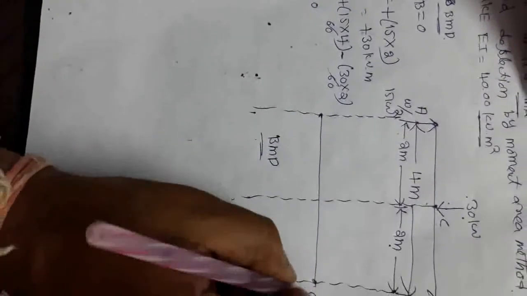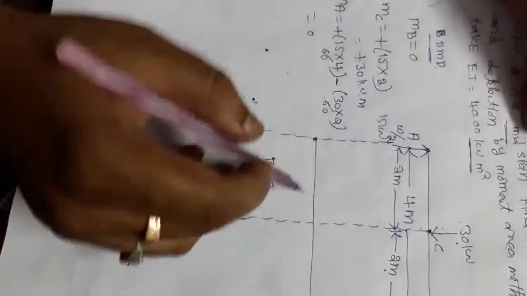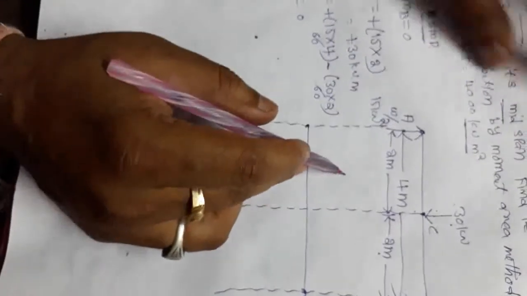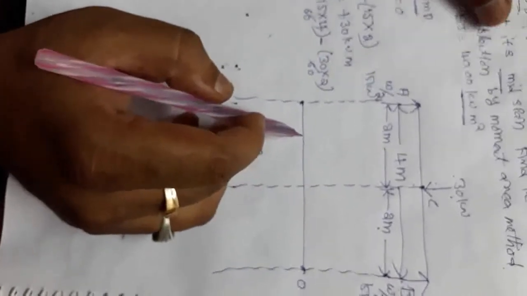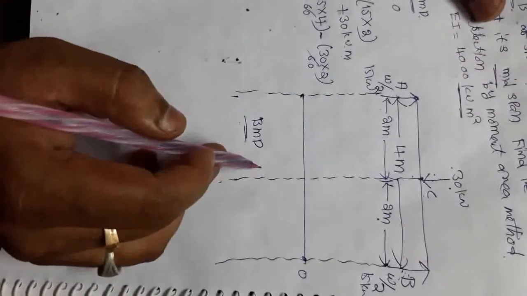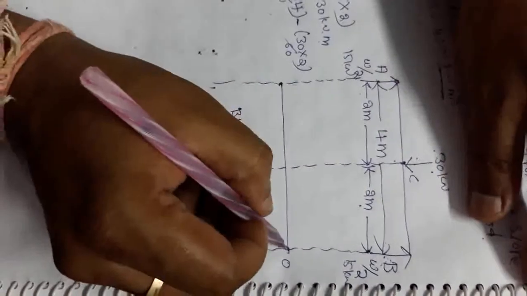The value at B is 0 and MC is plus 30 kilonewton meters. The positive zone is above the baseline and below the baseline is negative. This 30 kilonewton meters is shown as an inclined line because it is a point load.